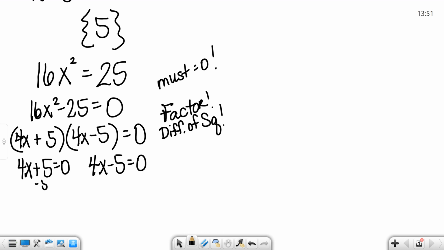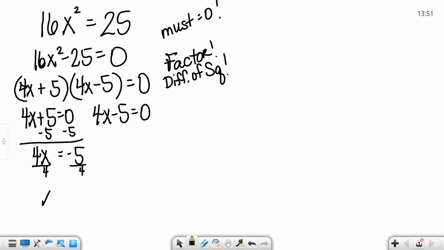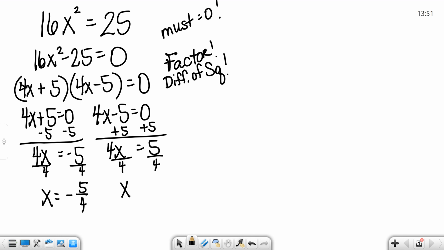And solve for x. Now, when I get this answer, I end up with a fraction, which is perfectly fine. Just leave it a fraction, negative 5/4. Don't try to turn that into a decimal. And we get positive 5/4.